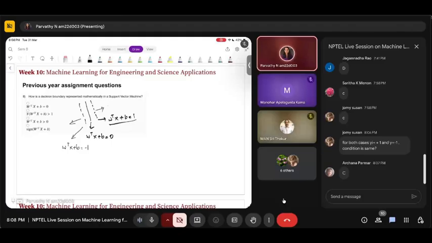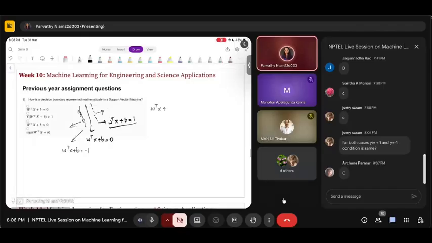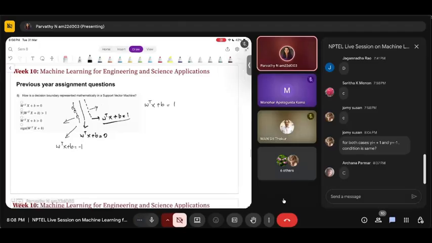So it has to maximize the margin between this hyperplane or the line and the nearby data points on both sides, on both the classes. So you have these two equations that you have to satisfy: W transpose x plus b is 1, and also W transpose x plus b is minus 1. Now you have to satisfy both equations to classify whether a point correctly falls on this side or on this side.